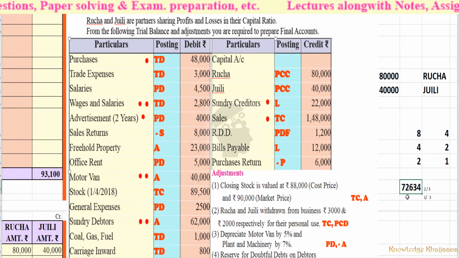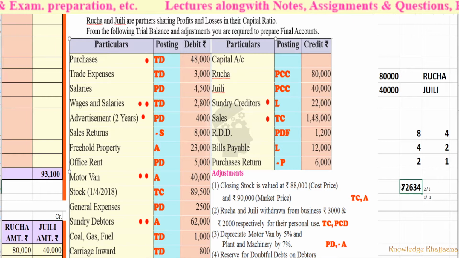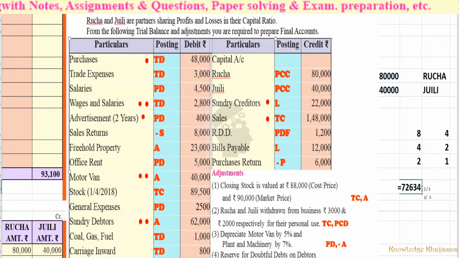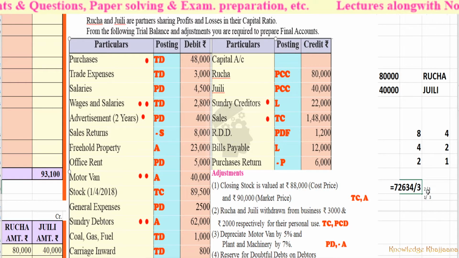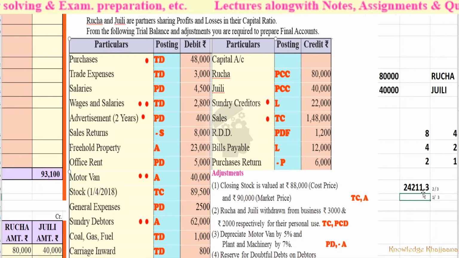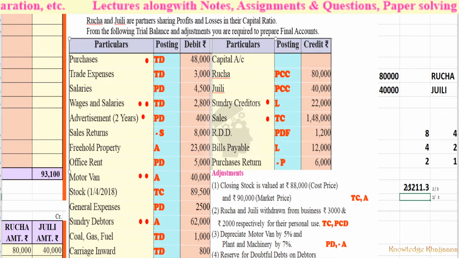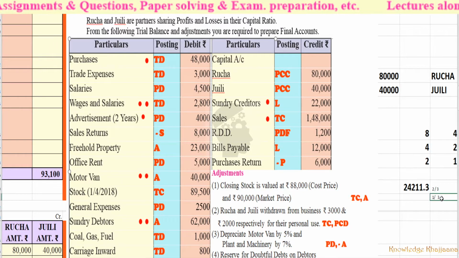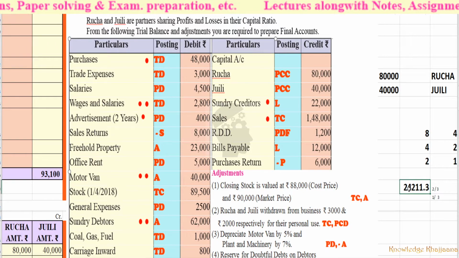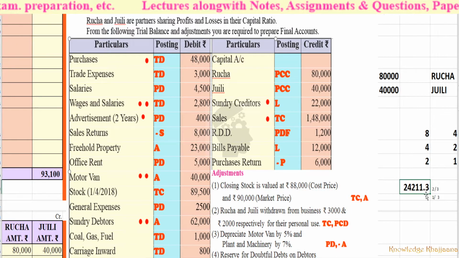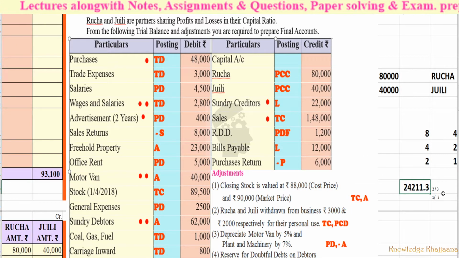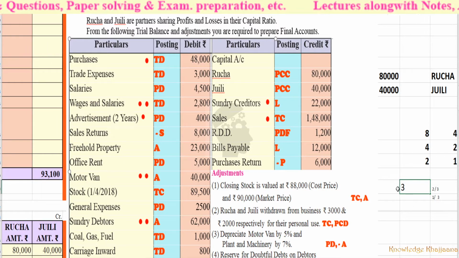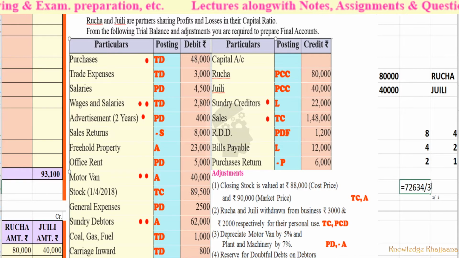We distribute 72,634 divided by 3, and we get 24,211. So we will give 24,211, that is the 1 part, to Julie, and 2 times that to Rucha. So what is this 2 times? 2 times divided by 3.